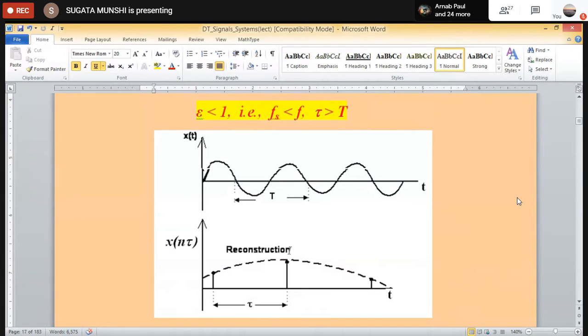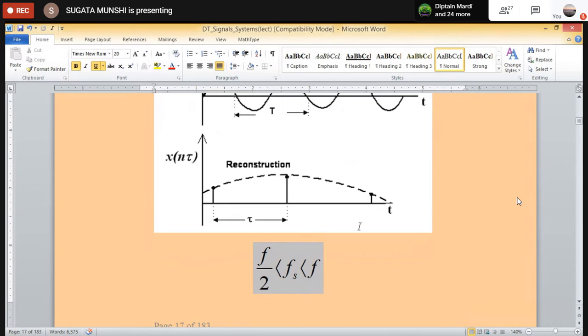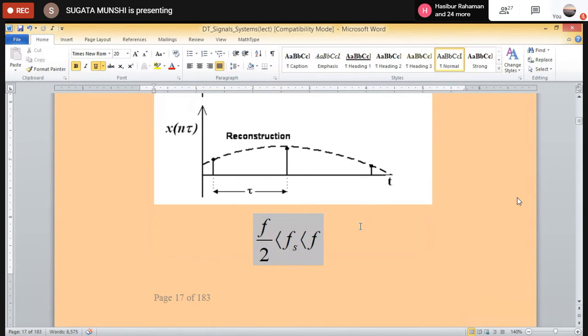I had considered that Fs is less than F. Now, Fs less than F means Fs is greater than 0 and less than F. This range I am splitting up into some smaller subranges. First, consider this situation that Fs is greater than F by 2 and less than F. What will happen there if this is the situation?